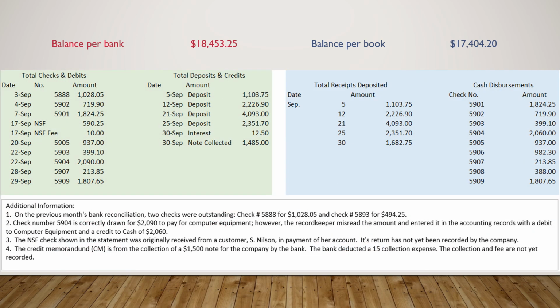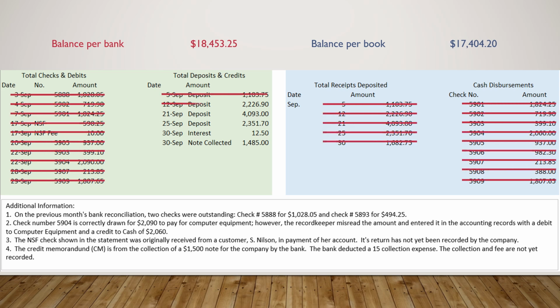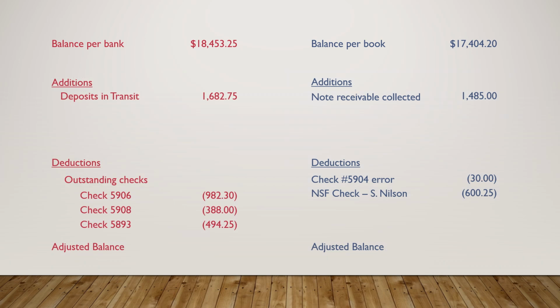Now, we've addressed everything except the interest deposit of $12.50. Just like the note receivable, the bank added this amount to our bank balance, but we've yet to add it to our company's book balance. Add that item to our book balance.